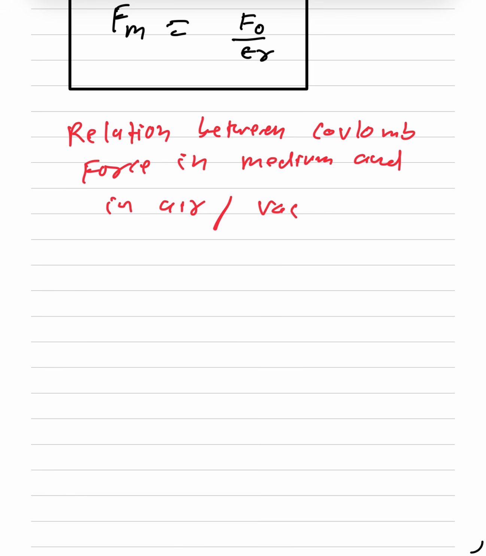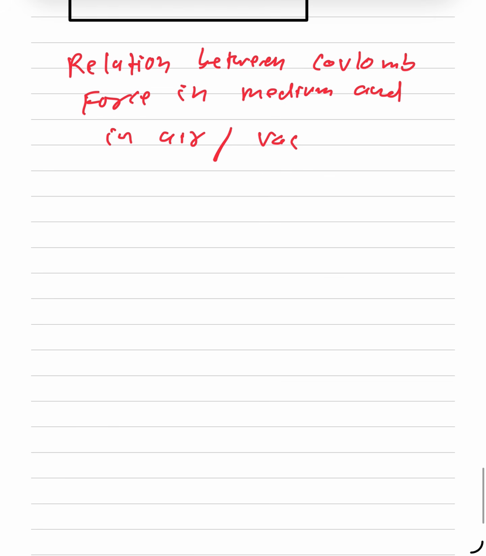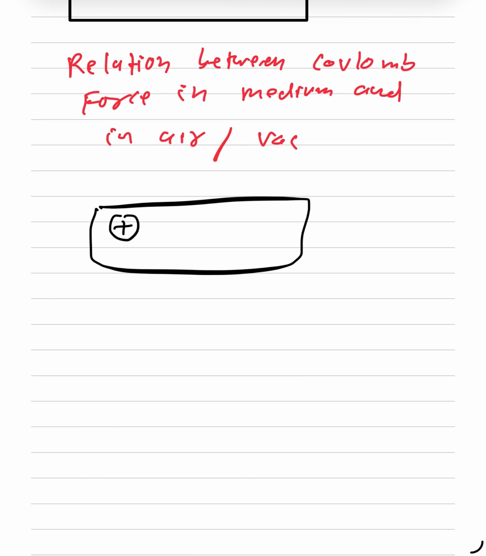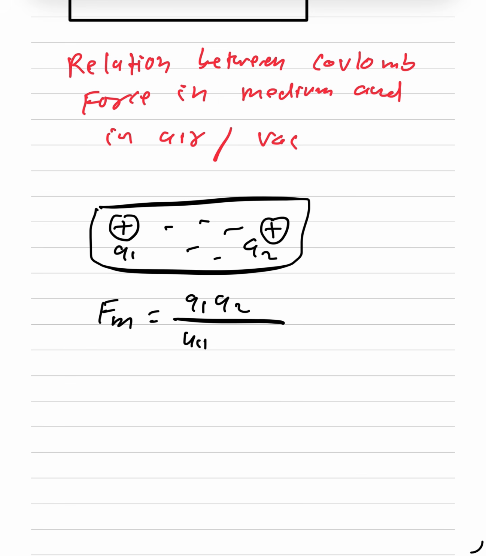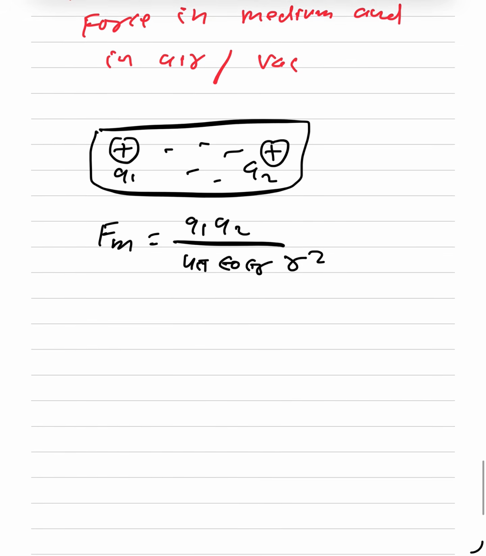And suppose that the medium is filled partially between both point charges, then how do we calculate the value of the Coulomb force? Suppose that the medium fully fills the space between both point charges, Q1 and Q2, then the Coulomb force Fm equals Q1 times Q2 divided by 4 pi epsilon naught epsilon r squared.